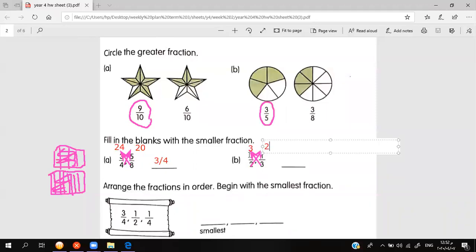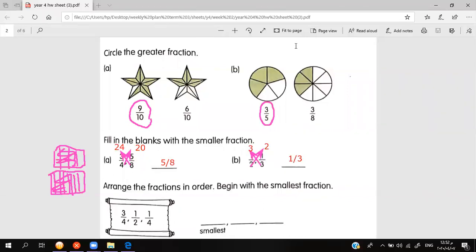Which is bigger? Definitely the 3. So the half that is under it is bigger. Okay, so the smaller is the 1/3. And here, sorry, the smaller one is, because I wrote it the bigger, the 5/8.